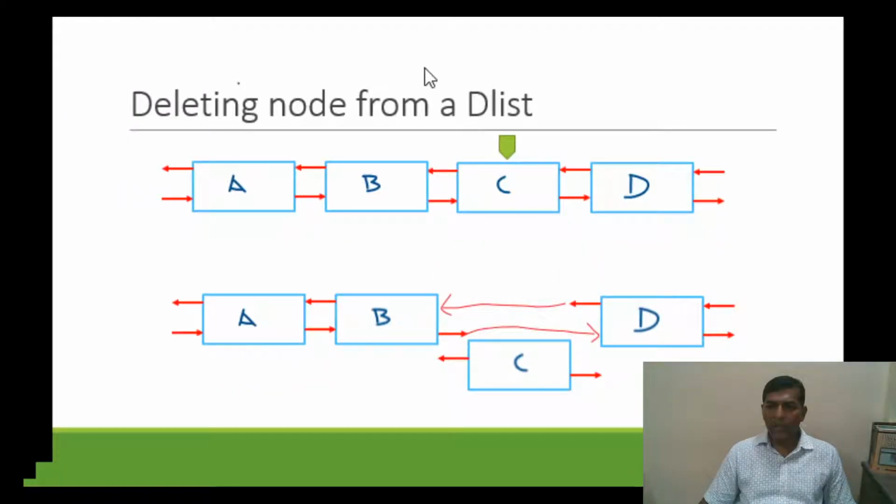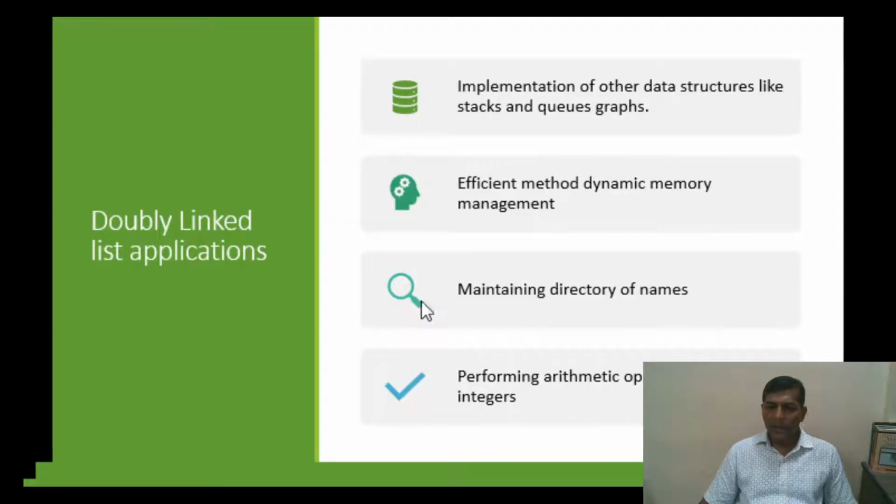So when we look at the particular program, now we understood the procedure of deleting a node from a list. Let's see the few applications of doubly linked list. Implementation of other data structures like stack, queue and graphs can be done with the doubly linked list.